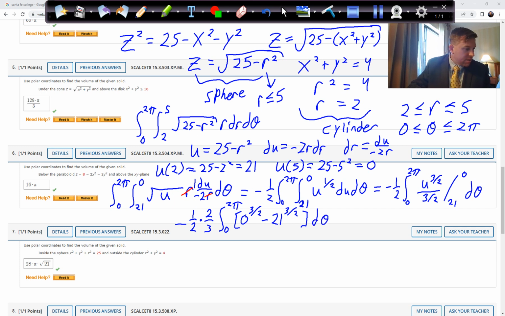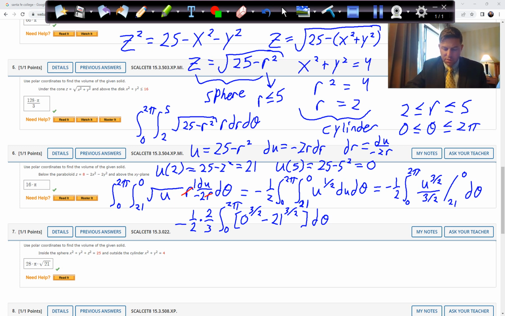And I'm looking, it's not great. 21 to the 3/2 power, let's see. So 21 to the 3/2 power, you can write it as 21 times the square root of 21, which I guess I will.